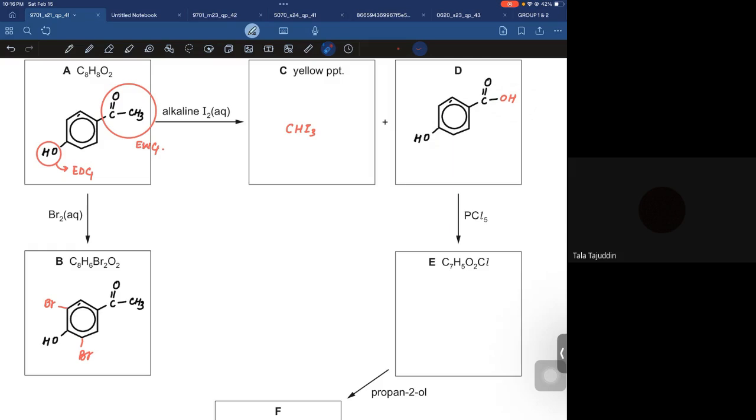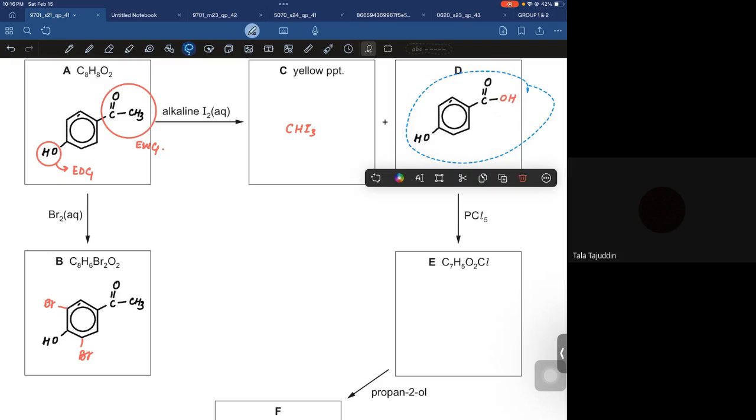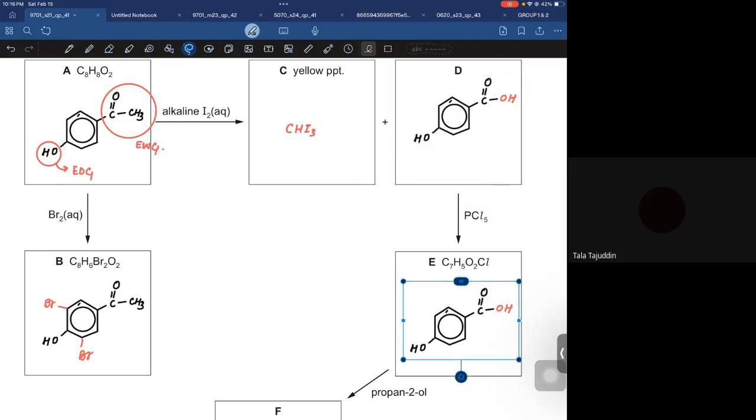So PCl5 is the reagent for the carboxylic acid. So the OH, which is connected to the C double bond O group, is going to be replaced by the Cl. So I can say that the formula would remain the same, but with the Cl, not OH.